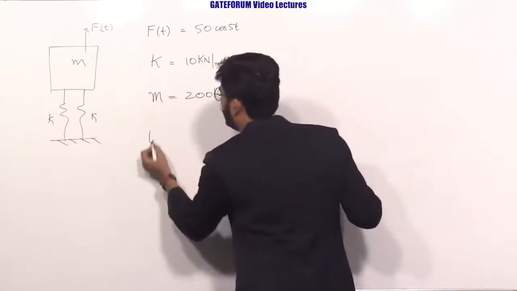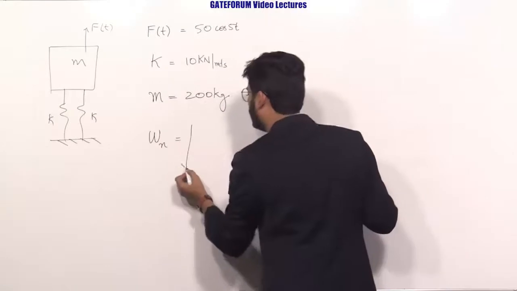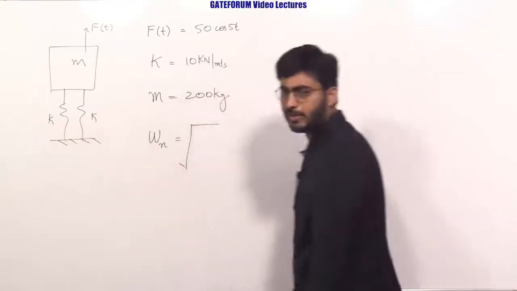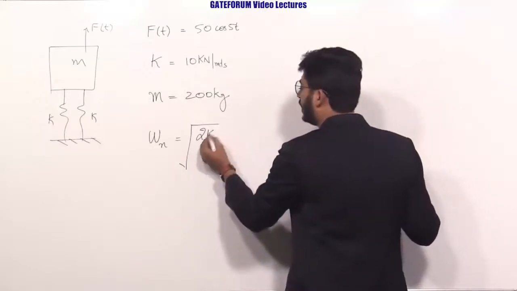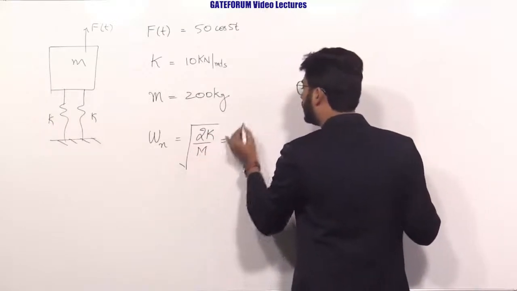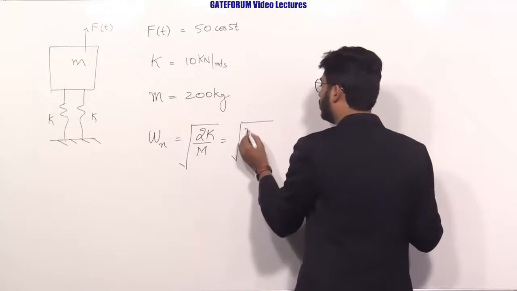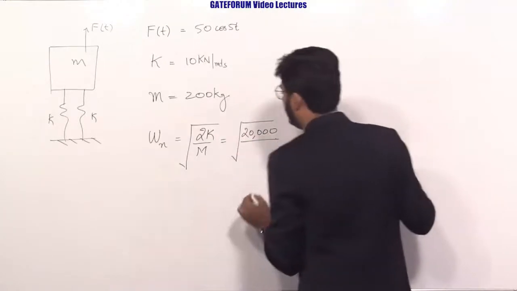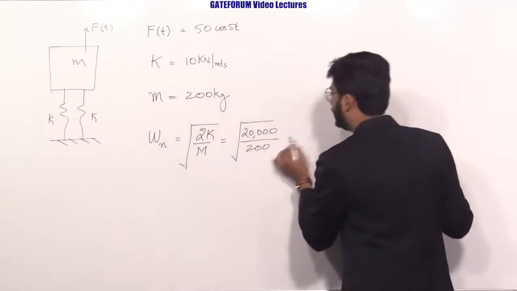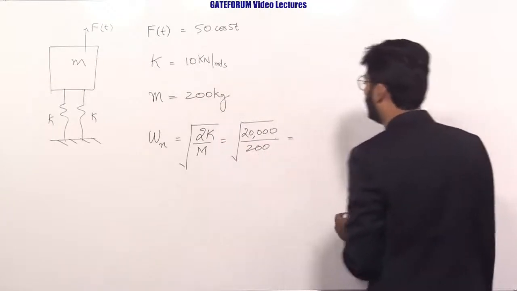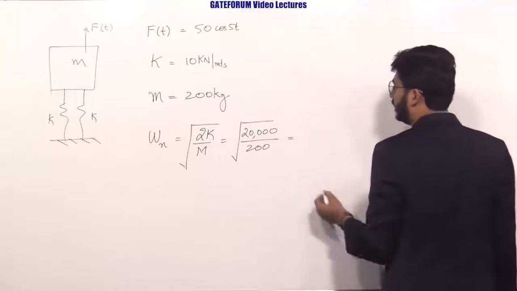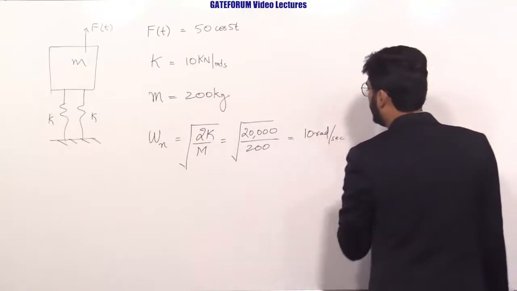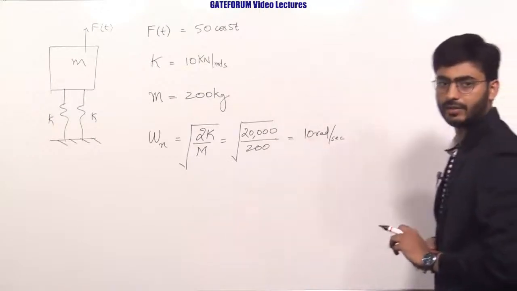Now the natural frequency omega n will be equal to root over, here you have two springs arranged in parallel, so stiffness will be directly equal to 2k, divided by m, that is 20,000 by 200, which equals 100. So the natural frequency will be 10 radian per second.